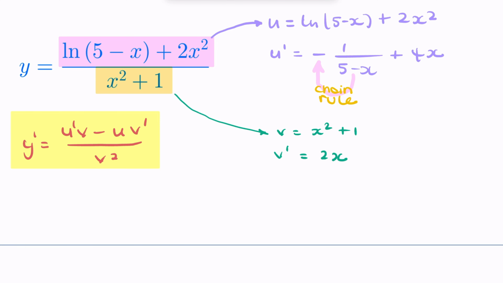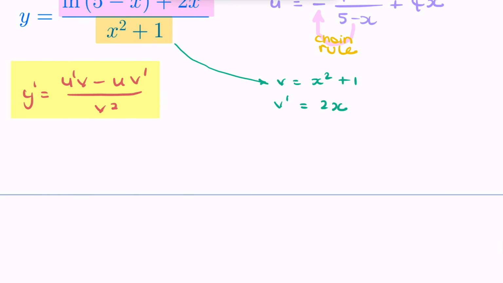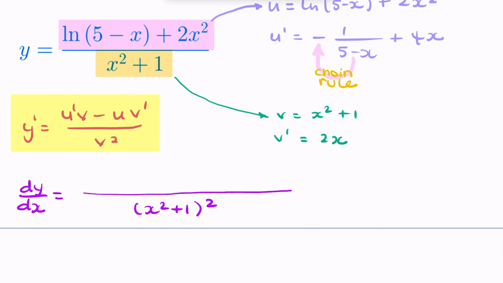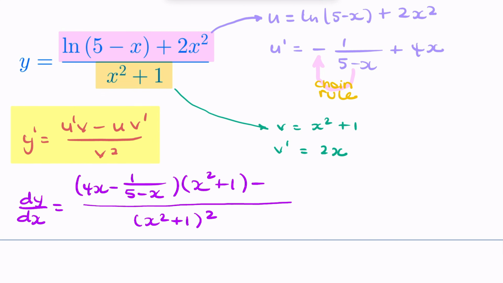So now we can write dy by dx equals, let's start with the denominator. It's simply x squared plus 1 squared. And then it's u dash times v, so it's 4x minus 1 over 5 minus x times x squared plus 1, minus u v dash.